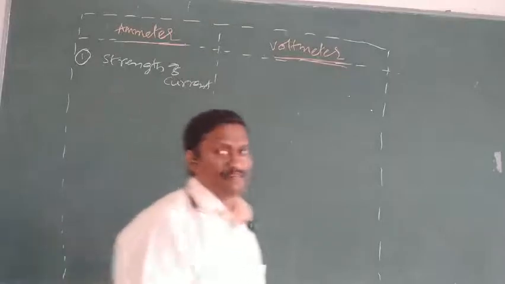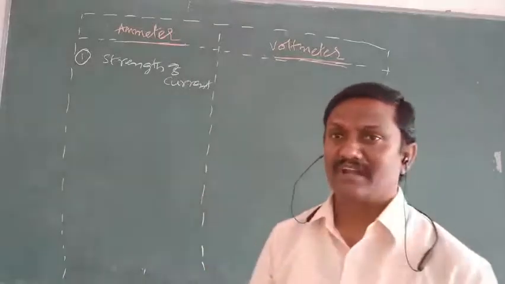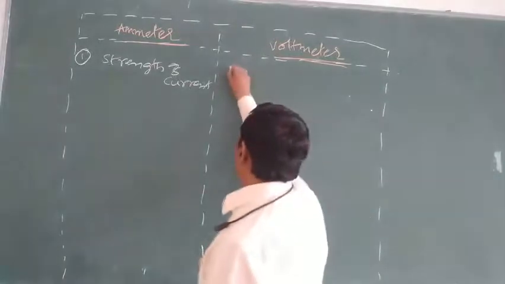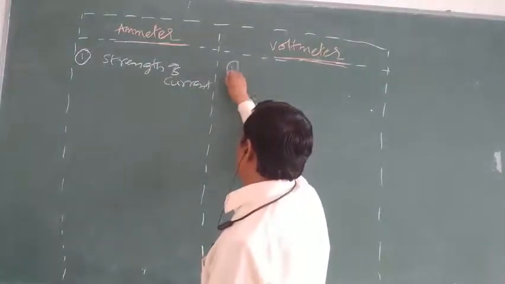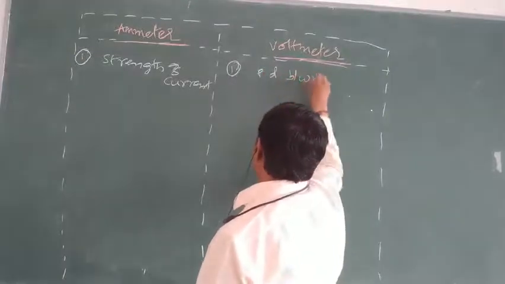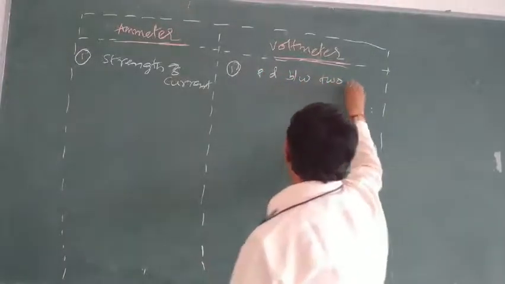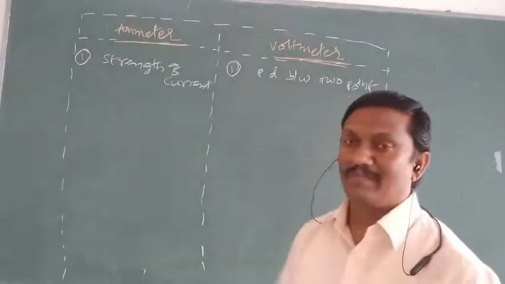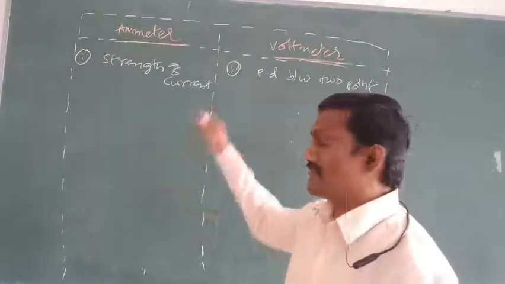A voltmeter is a device used to measure the potential difference between two points. So using a voltmeter we measure potential difference, using an ammeter we measure strength of current.